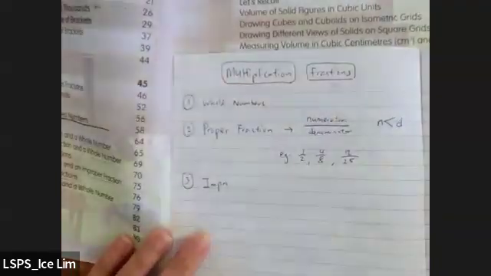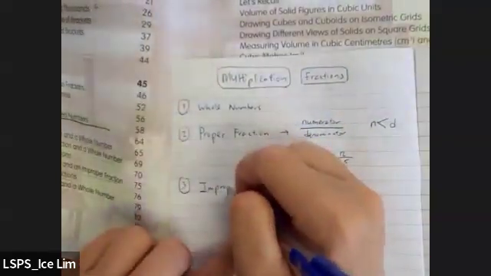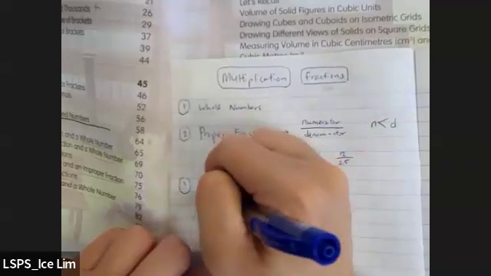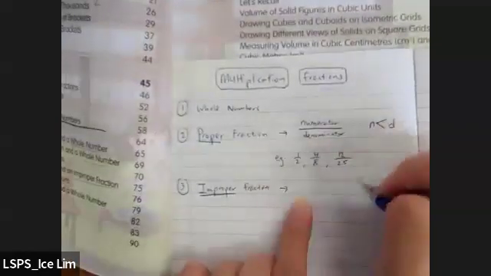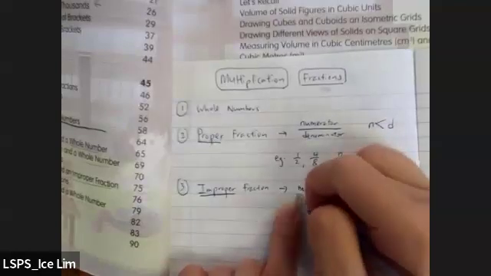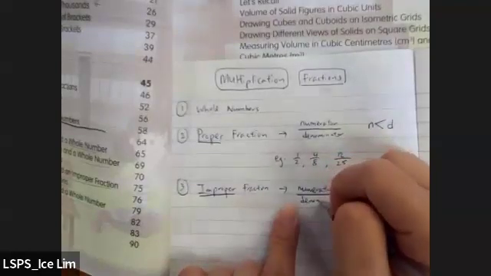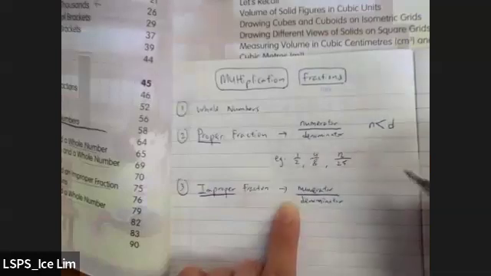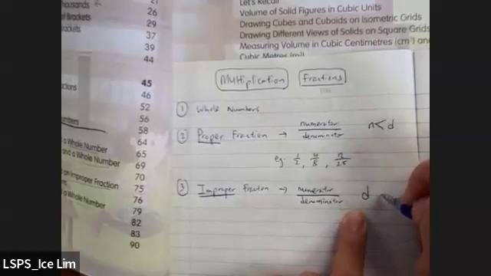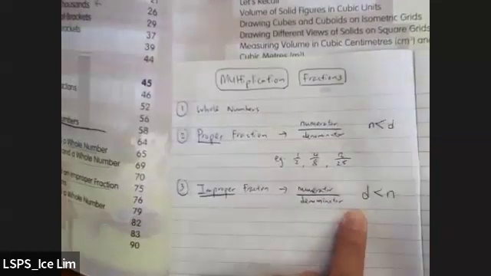Yeah. Right, so the next one is improper fraction. Improper means the numerator is bigger than the denominator, that is, the denominator is smaller than the numerator.